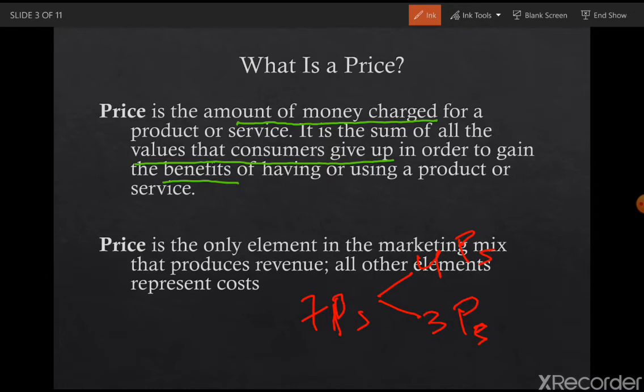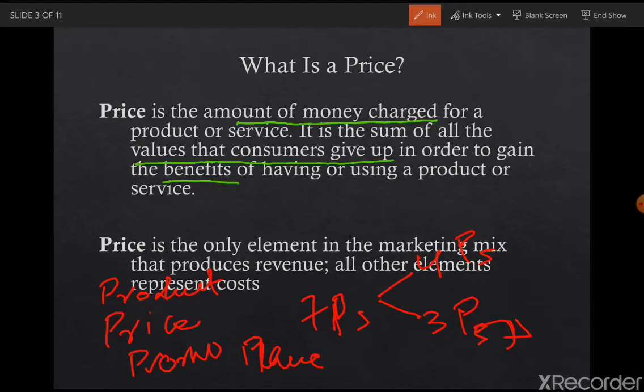The 4 P's were product, price, promotion, place, right? Similarly, the 3 P's were physical environment, process, and people, right?